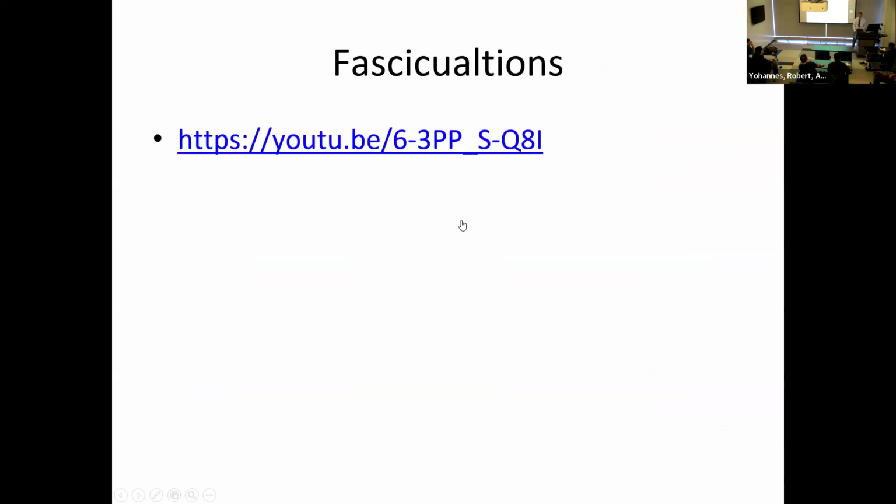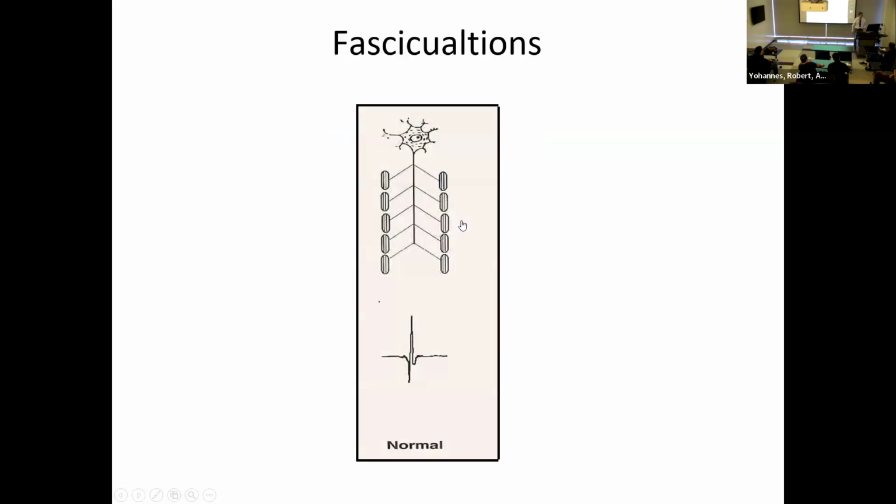Now, there is another type of spontaneous activity, which is called fasciculations. Fasciculations happen when we actually activate the whole motor unit in an abnormal way. It could happen, for example, in ALS, when we have disease in the motor neuron, and then we have abnormal, spontaneous activation.